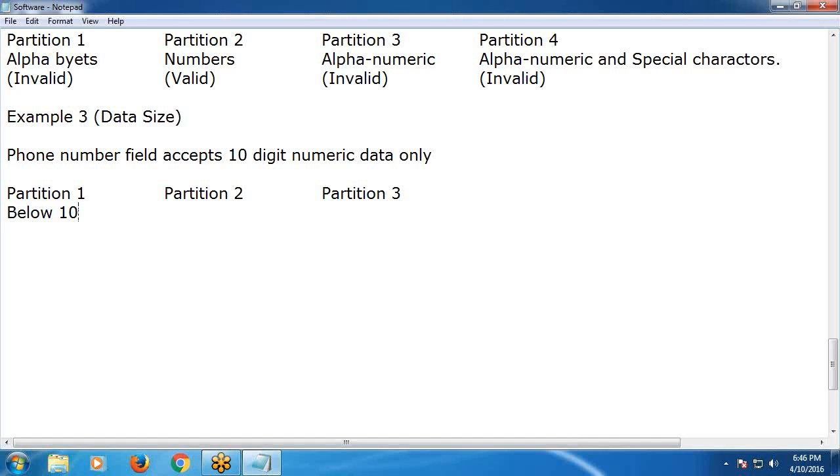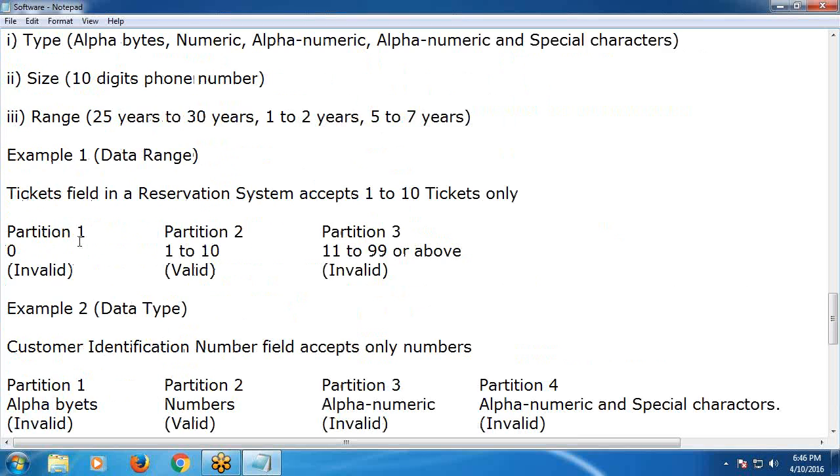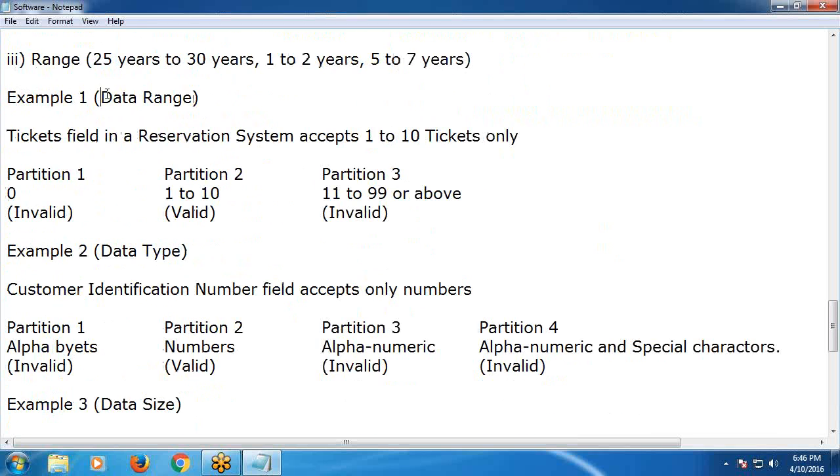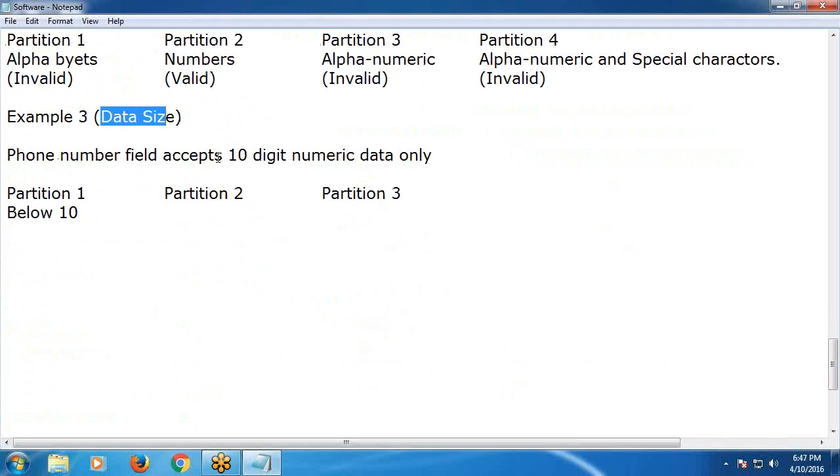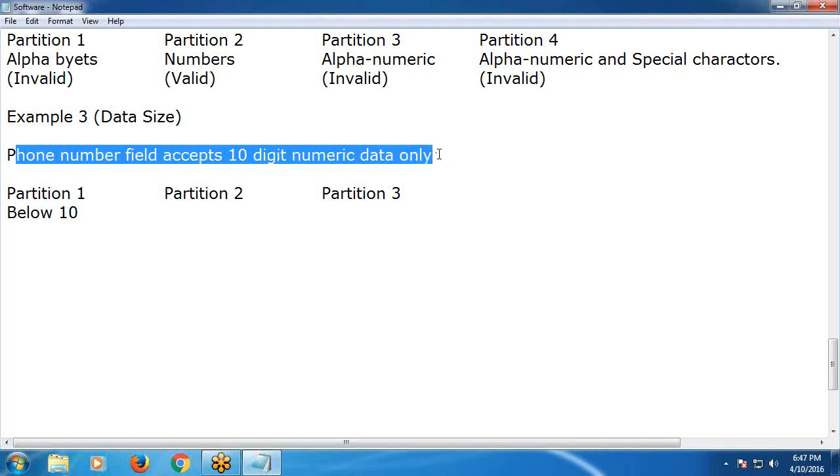Already I told you, some fields have more data factors, and we need to cover them: size and type, next type and range, etc. But I am explaining separately. First our focus is data range, next data type, next data size. For this phone number field, there are two data factors.